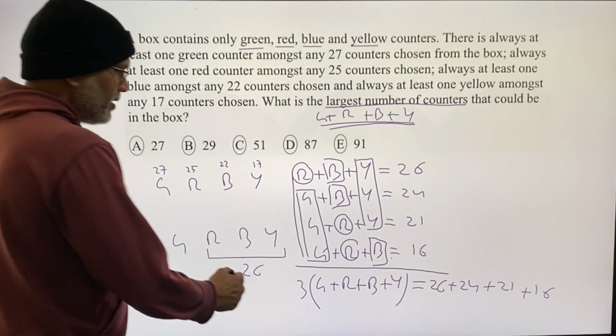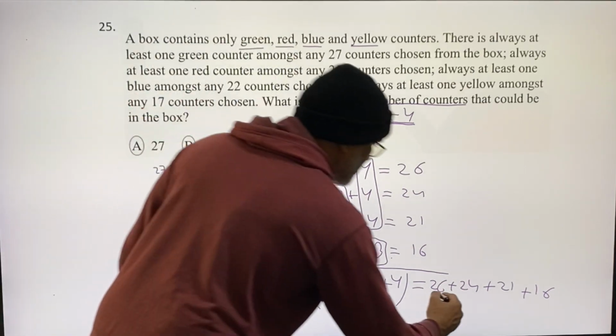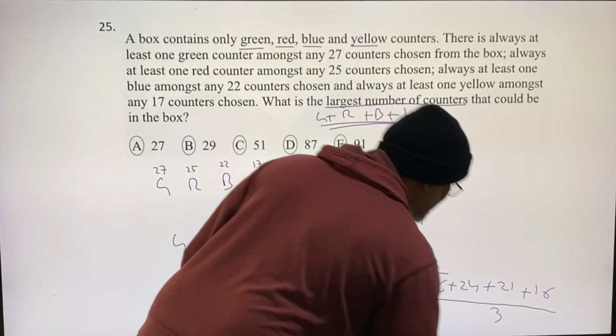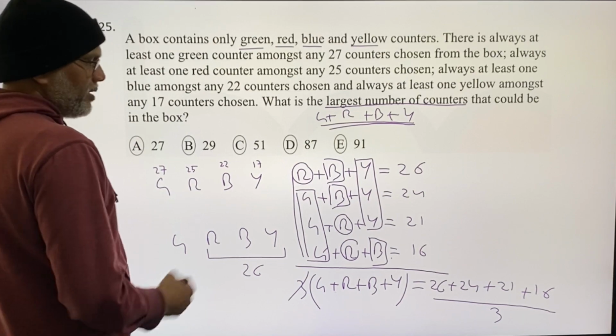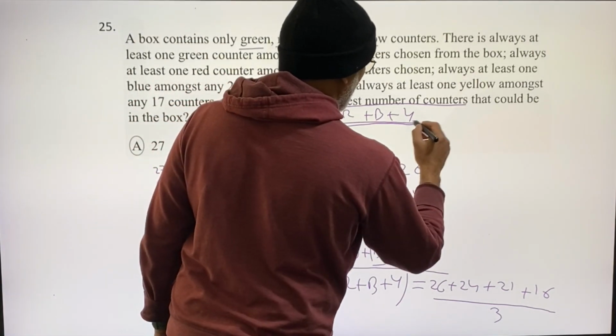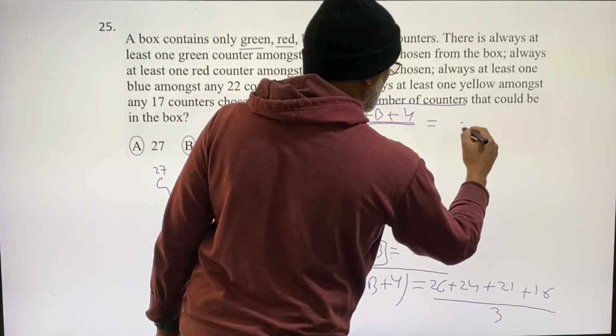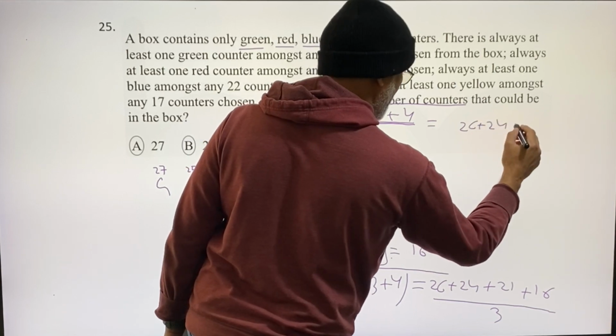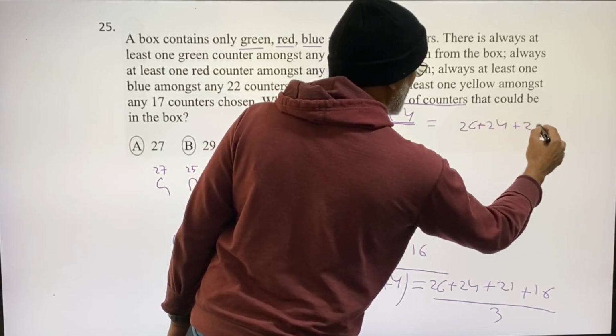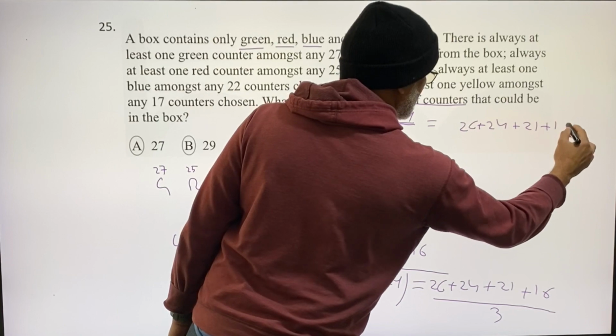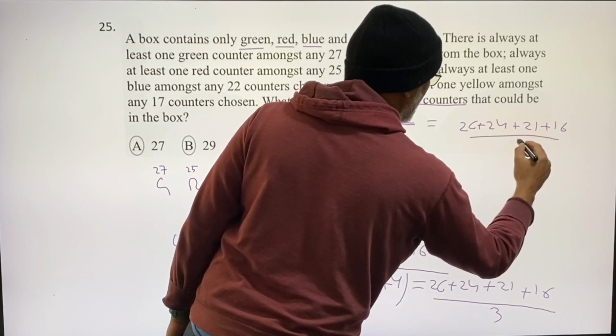So basically, I want to divide the whole thing by 3. So the answer will be (26 plus 24 plus 21 plus 16) divided by 3.